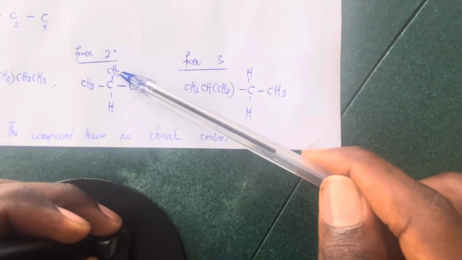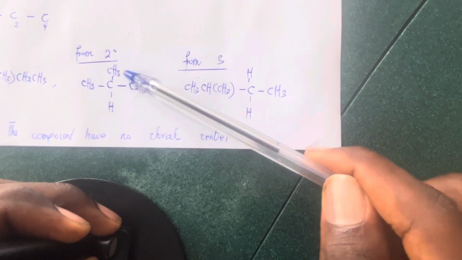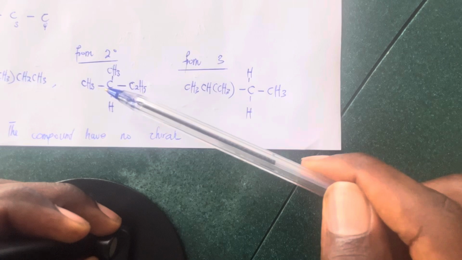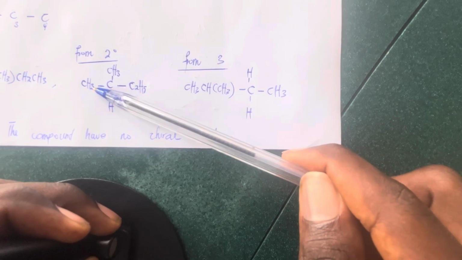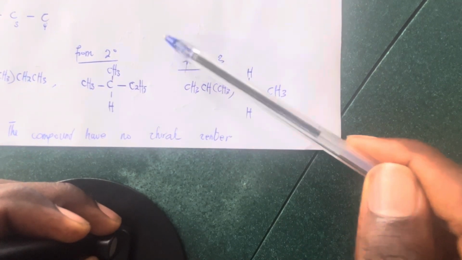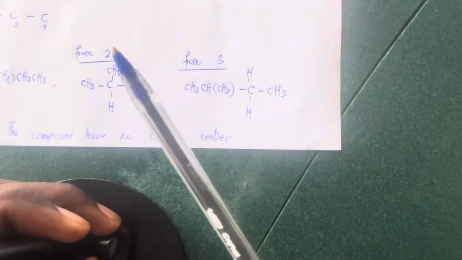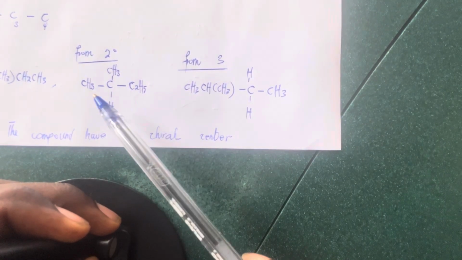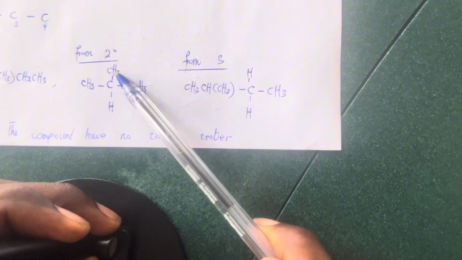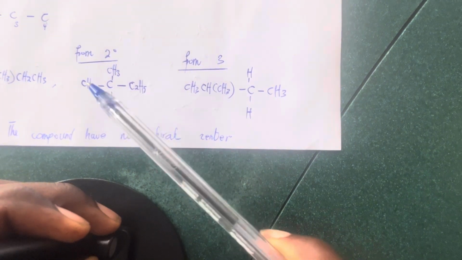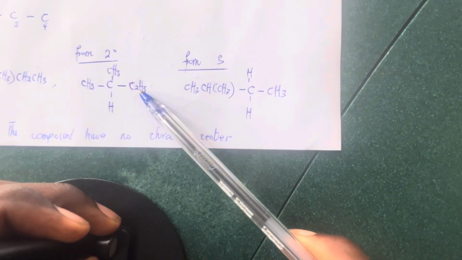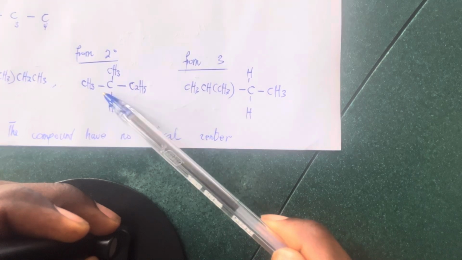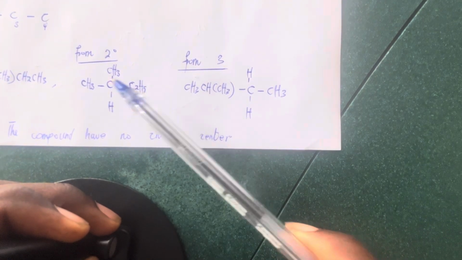Now, look at the second carbon. This second carbon is bonded to what? CH3, which is the 2-methyl. So the methyl group is here. This same carbon is bonded to another methyl group. So the moment you realize this, it is out, regardless. But listen well, in case you have chlorine or chloro, hydrogen, a methyl group, and an ethyl group, they are never the same. So it is a chiral center. Ethyl group is different from methyl group.